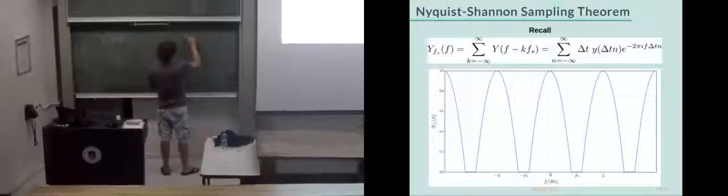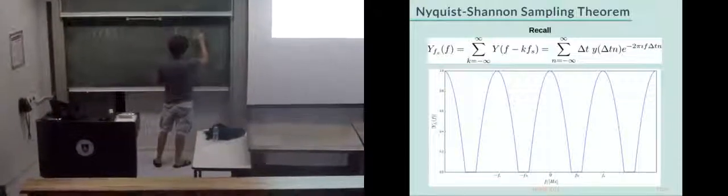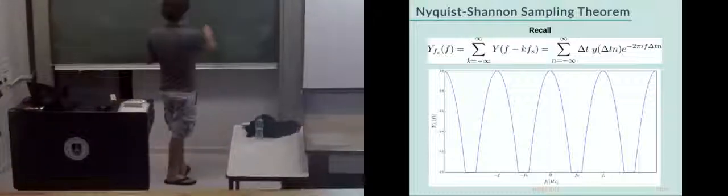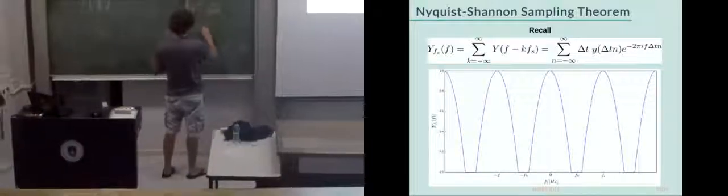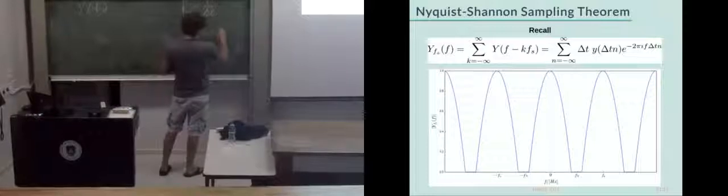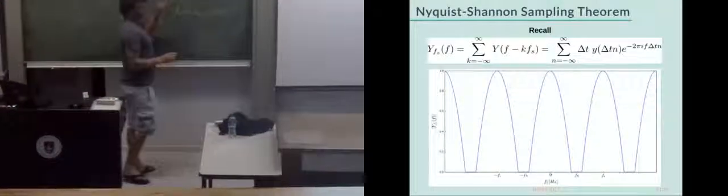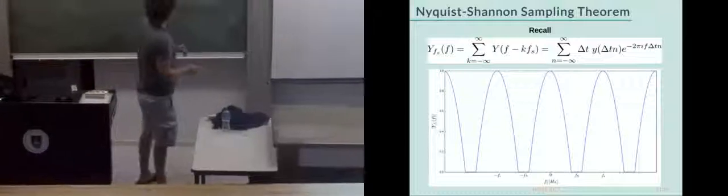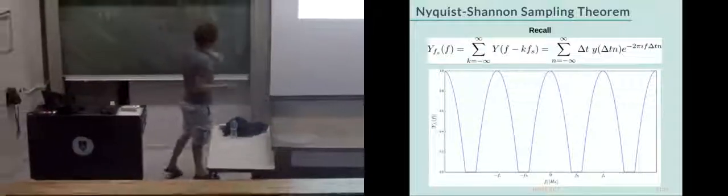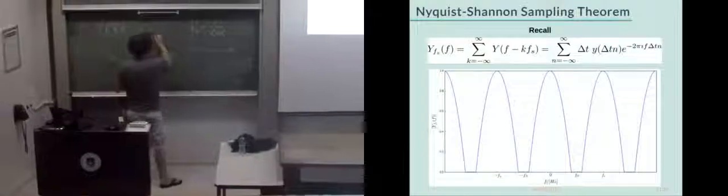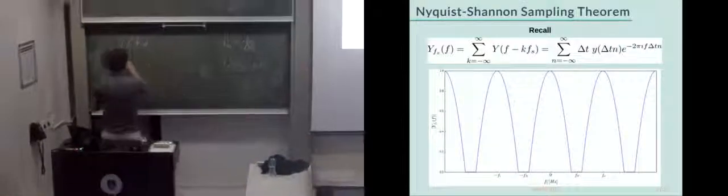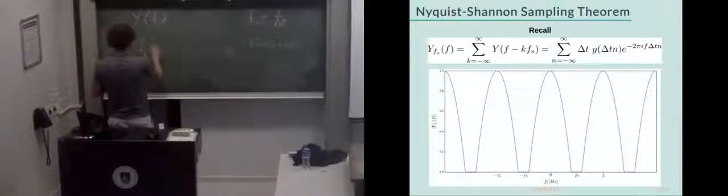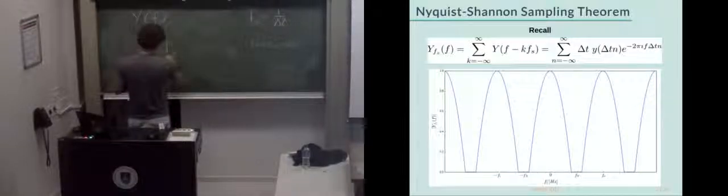Let's say my sampling frequency is 1 over delta t. So what does that mean? It means I sampled my function at Tn equals t0 plus n delta t. So that's the sampling frequency, right? The Nyquist frequency Fn is Fs over 2.